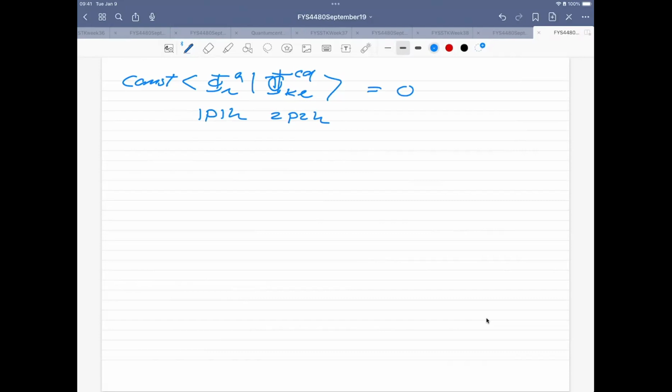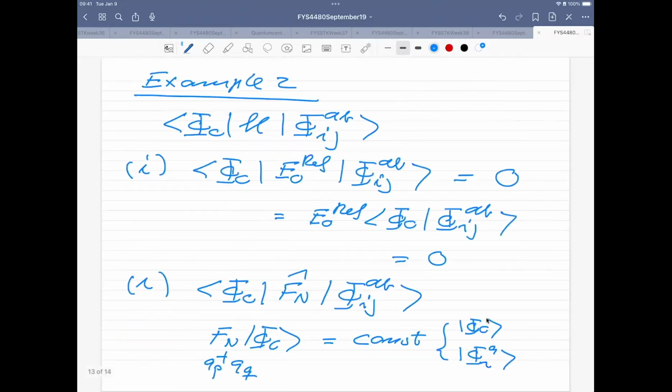So you can think in a kind of pseudo-physical way of these operators creating some new intermediate state. But since this is a one-body operator which you have, it can at most create a one particle, one hole excitation. And that means that it creates a state which is a one particle, one hole state times some constant in a sum of constants. And then you're trying to take the overlap between two states which are orthogonal to each other. So that's automatically 0. But let's go through the calculations, because then you will see this immediately, okay?